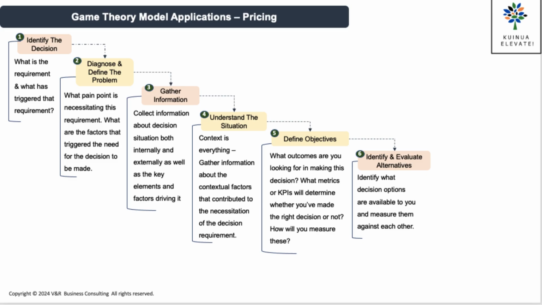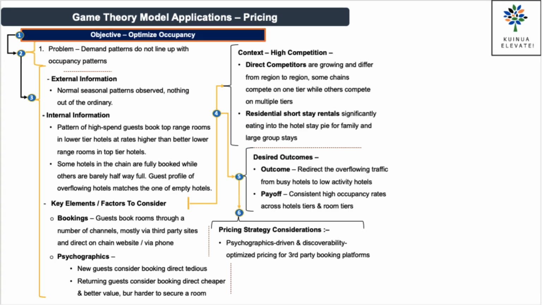To increase customer acquisition and also achieve the right alignment between potential customer profile and hotel tier on the third party booking platforms, we can do something psychographics driven pricing strategy wise to make our hotels more discoverable and in the right way. Obviously, the third party platforms are not going to give us their search algorithm, so we'll have to figure that out ourselves.